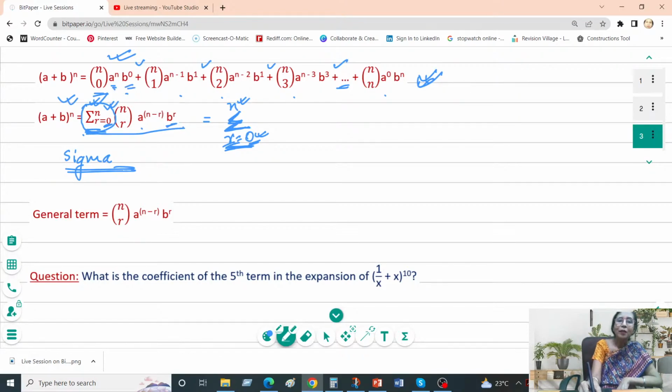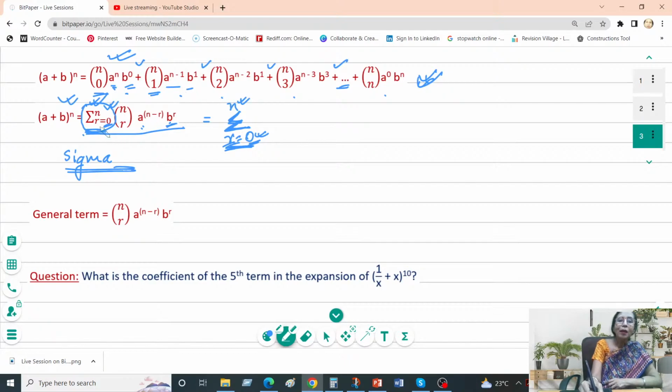Clear? The second term's R value is 1. 0 plus 1 is 1. So it is nC1, a to the power of n minus 1, b to the power of 1.